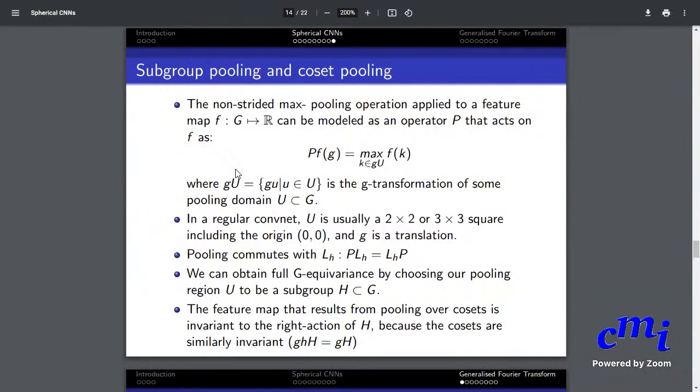Yeah, it's a coset. So you want to say first of all why a pooling domain is a subgroup, right? Ma'am, we are basically saying that in this group theoretic formulation, when we want to do the pooling, it is just to reduce the dimensionality itself. So there are two ways to achieve that pooling. Maybe we can go with a subgroup as well as the coset.